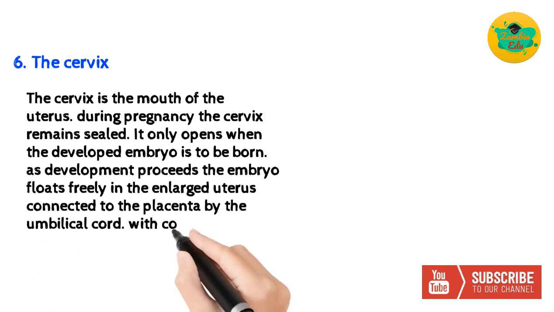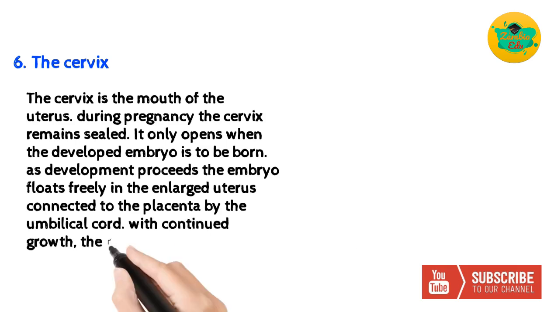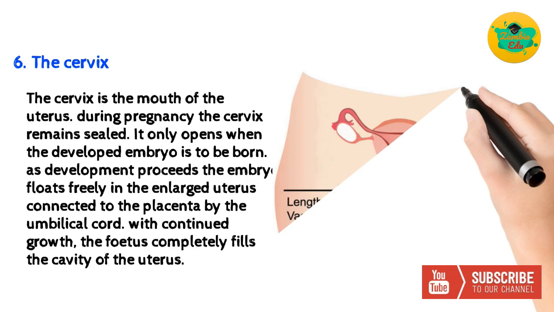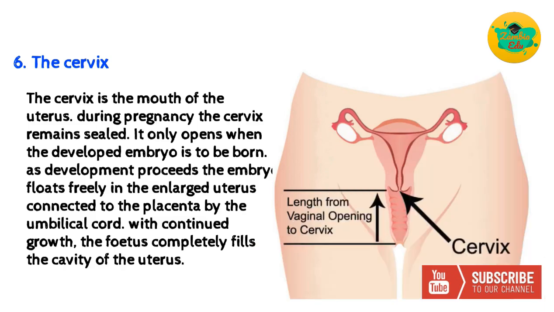With continued growth, the fetus completely fills the cavity of the uterus. So what I've just mentioned are the important parts and their functions for the development of the embryo.